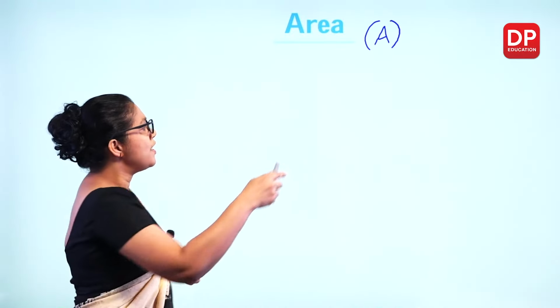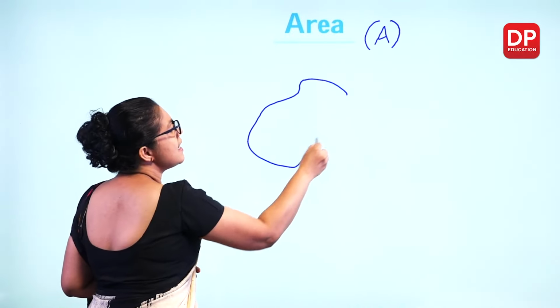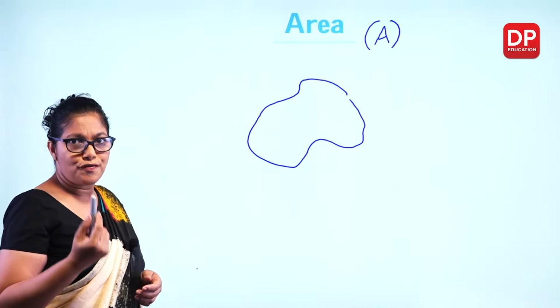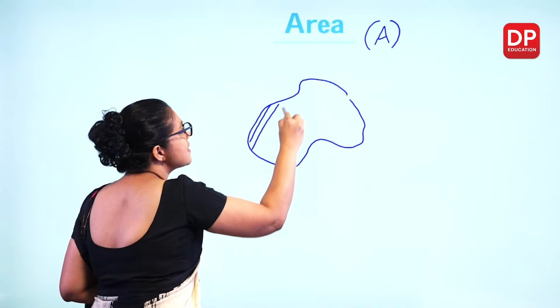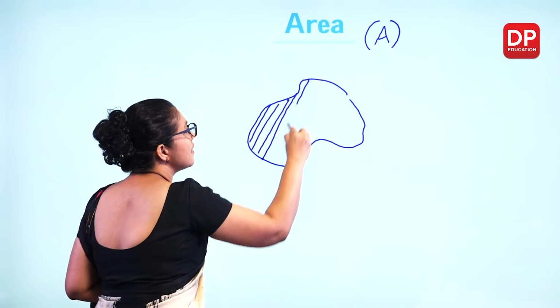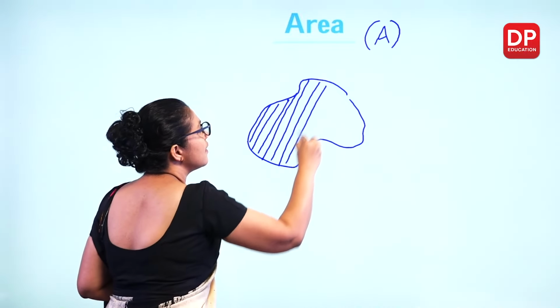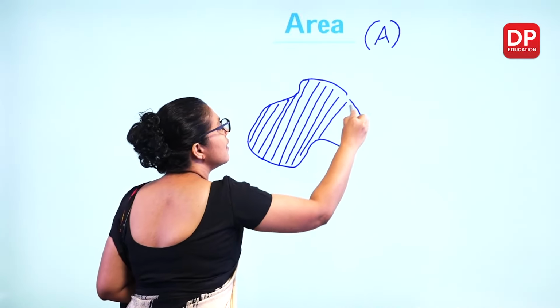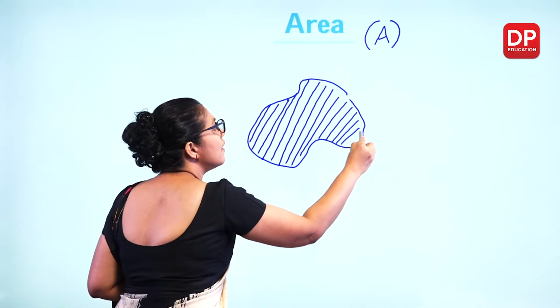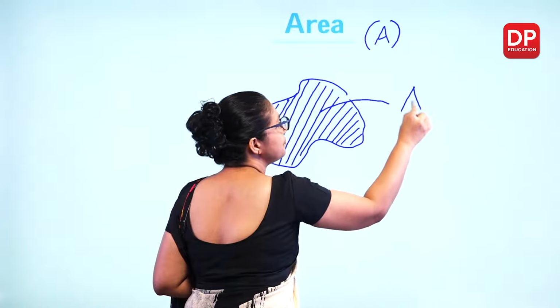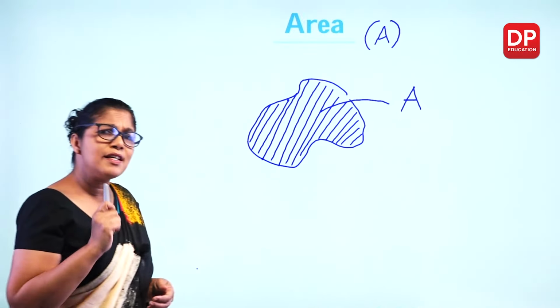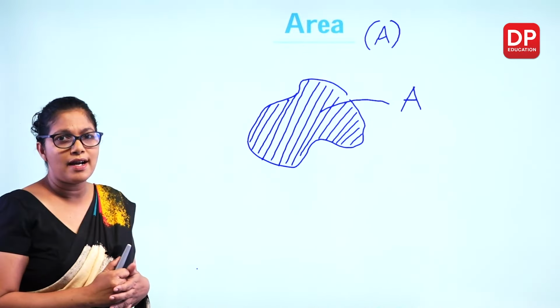So here, when you take any space, closed figure, area is defined as this part. So we use capital A for area. And what's the unit we are using for area?